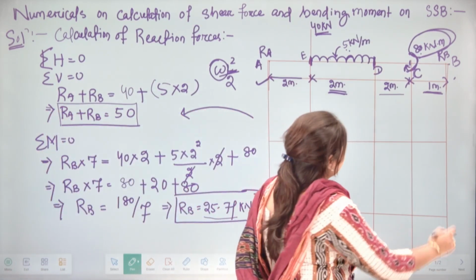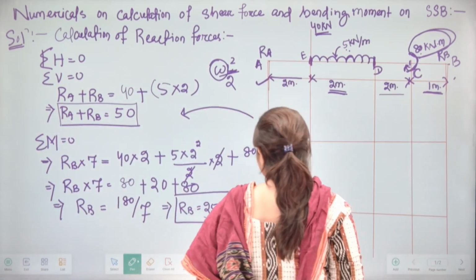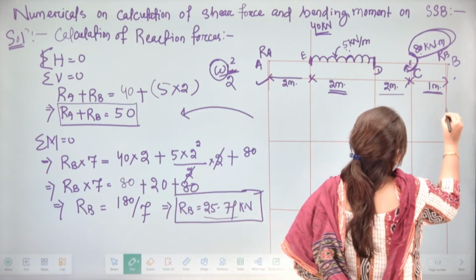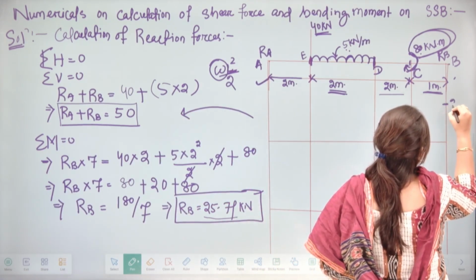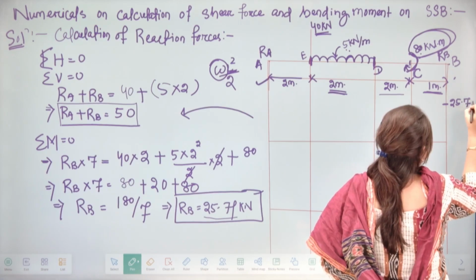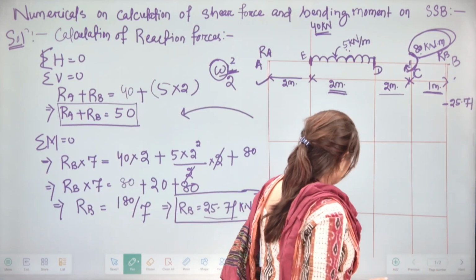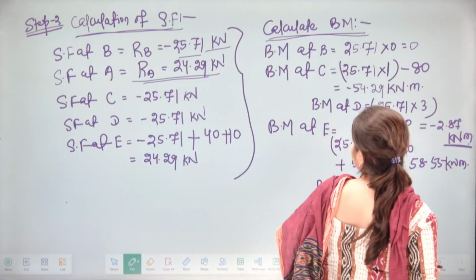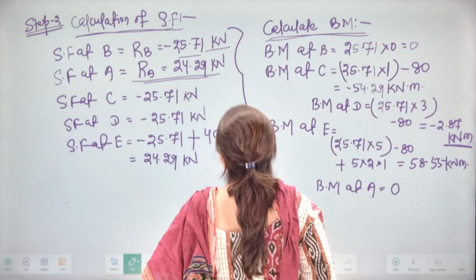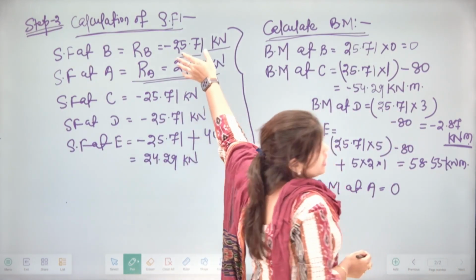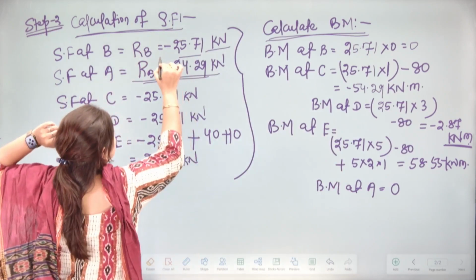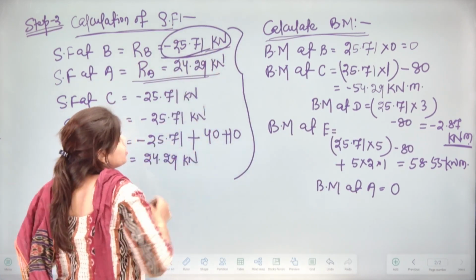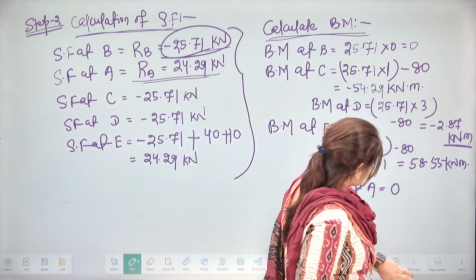Shear force at B we already have, that is 25.71. Let's take it here. Next, it is here you can see in negative sign, minus 25.71.